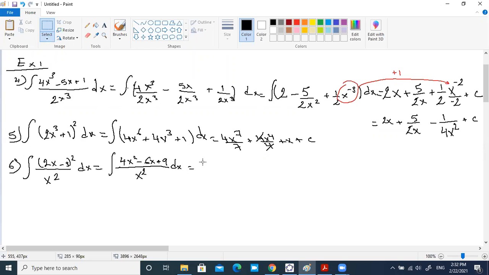So it is equal to the integral of (4x squared minus 6x plus 9) times x to the power negative 2, which is equivalent to 4x squared over x squared minus 6x over x squared plus 9 over x squared.